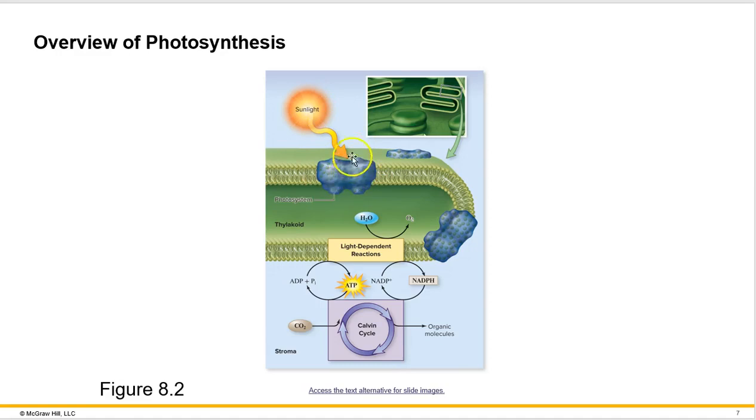And what this photosystem is doing is it's capturing a photon of light and exciting electrons here so that those electrons now have a higher energy level, and they capture that energy level to produce ATP. Right? And so that's what happens in the light reactions and in NADPH. Then NADPH and ATP use their energy to spin this Calvin cycle so that you can get organic molecules out of it.